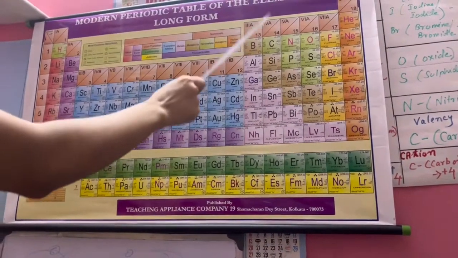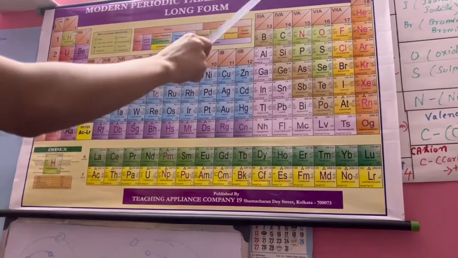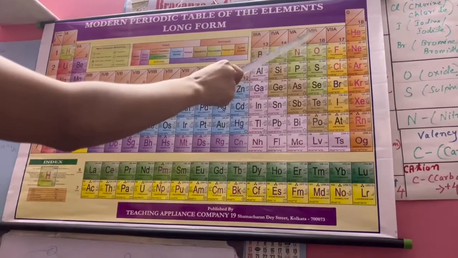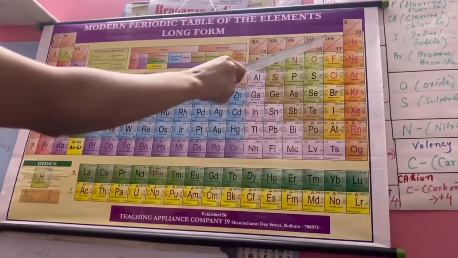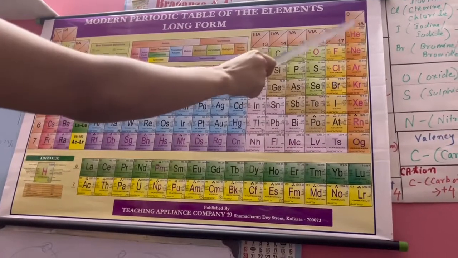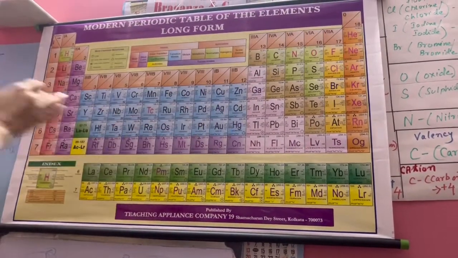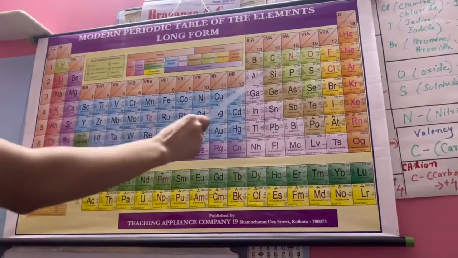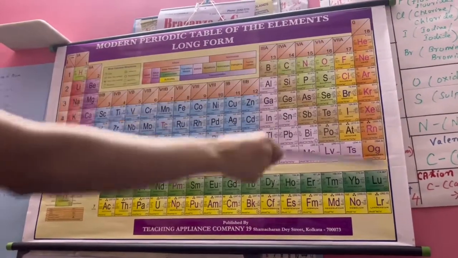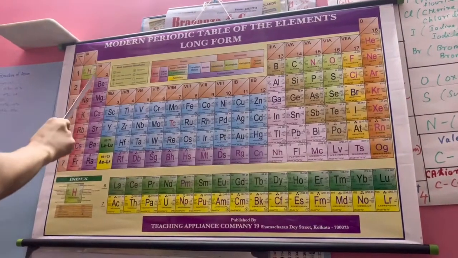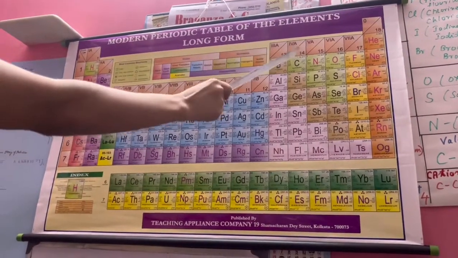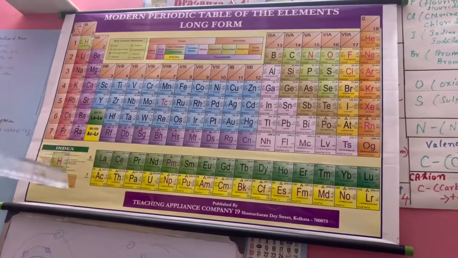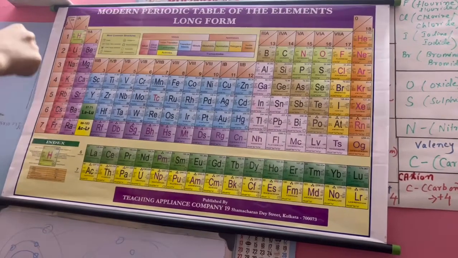Group 13, valency 3. Group 14, valency 4. Group 15, valency 3. Group 16, valency 2. Group 17, valency 1. Group 18, valency 0. So basically the series is just like 1, 2, 3, 4, 3, 2, 1, 0. This is how we also find out the valencies.